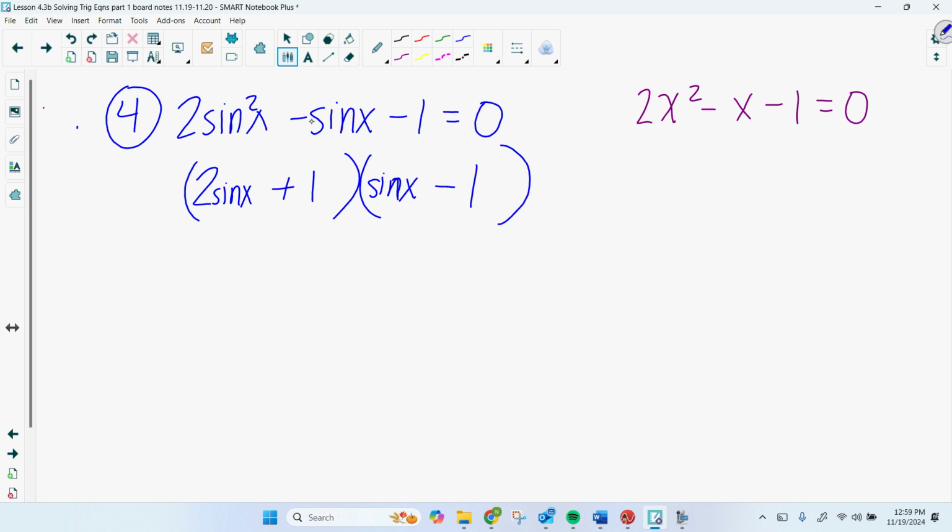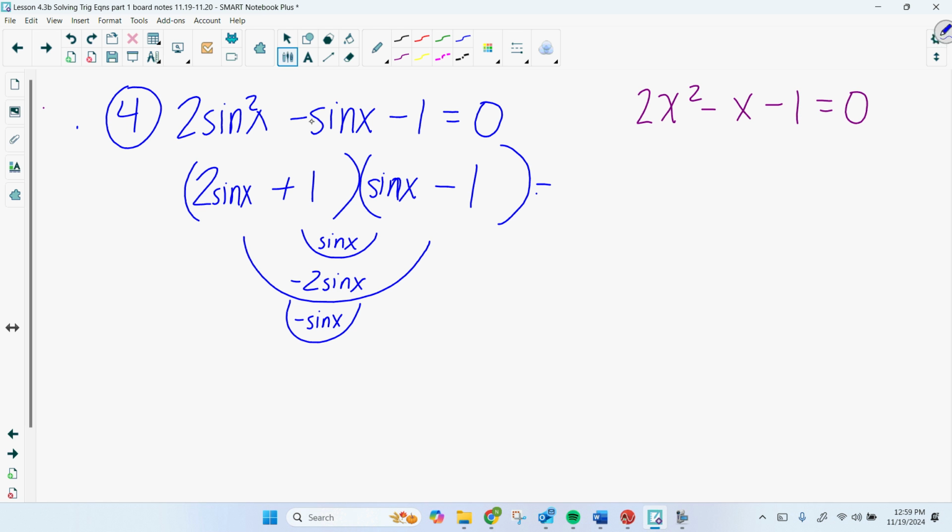You notice that eventually we're going to have to add to negative sine x. So obviously 1 plus -1 does not give me negative sine. Once you multiply it out, it has to add to that. We can always double check though. And yep, that's right. When I add those two together, it's good.